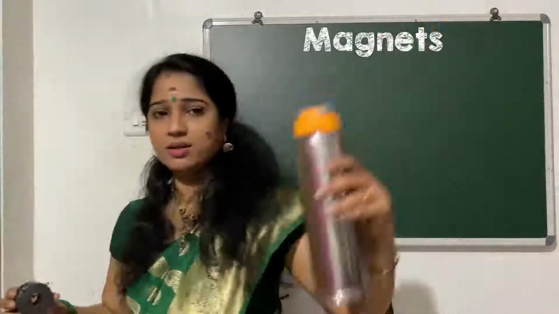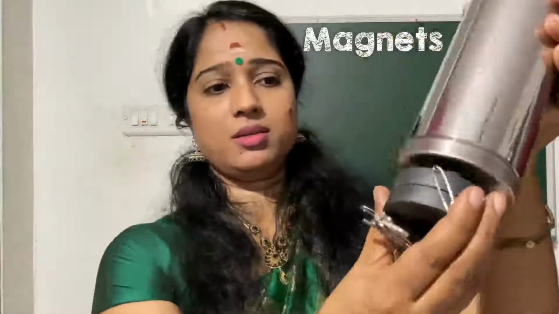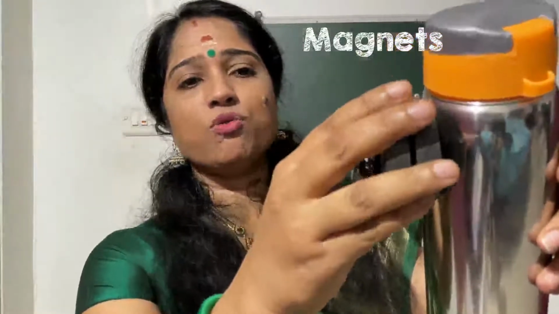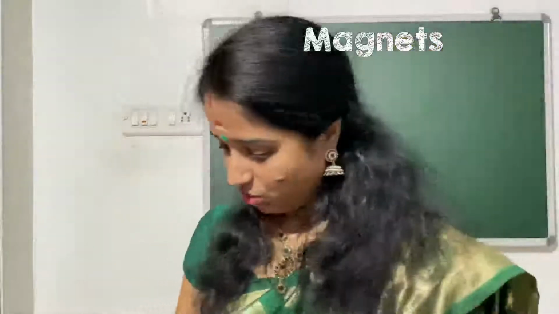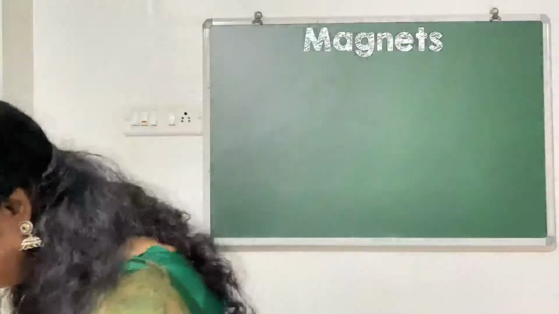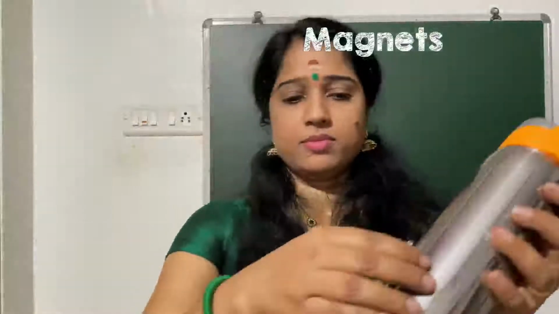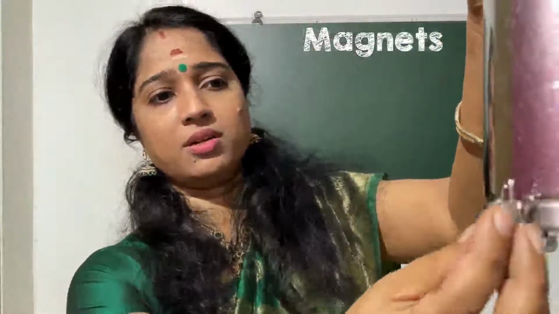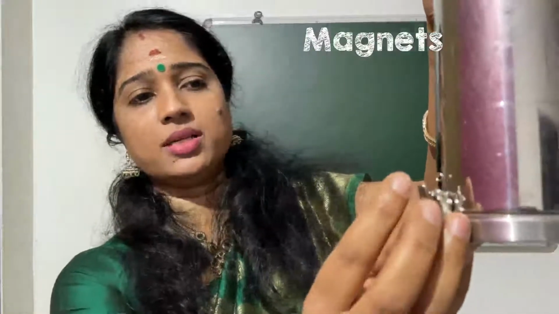See, this bottle is also a steel bottle. I could see that a small force of attraction is there. So I will show this very clearly. See, it has a small force of attraction. Not like the previous one. Wait for a second.